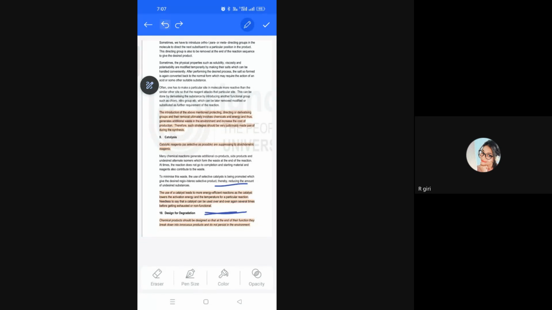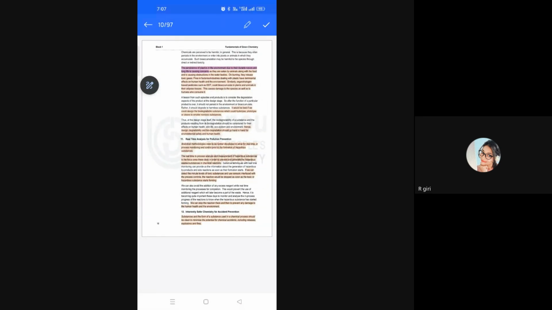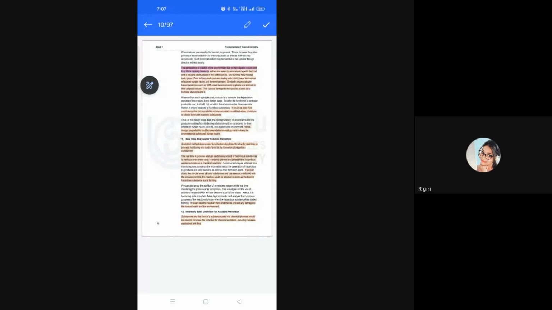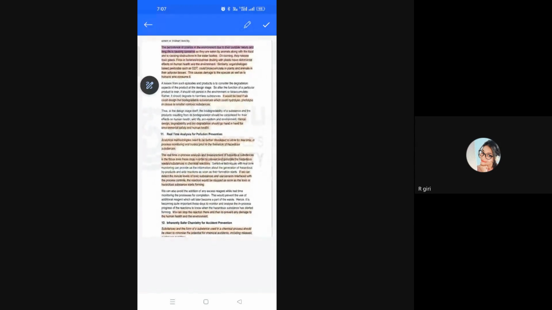So we should design the product so that it will decompose later after use. Whenever you dispose it into the environment, it should be degraded by microorganisms or any other means, in temperature, pressure, whatever may be.